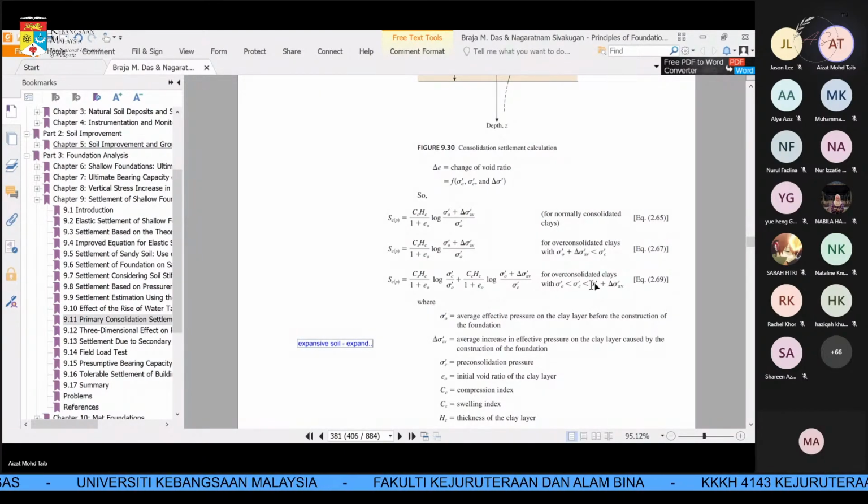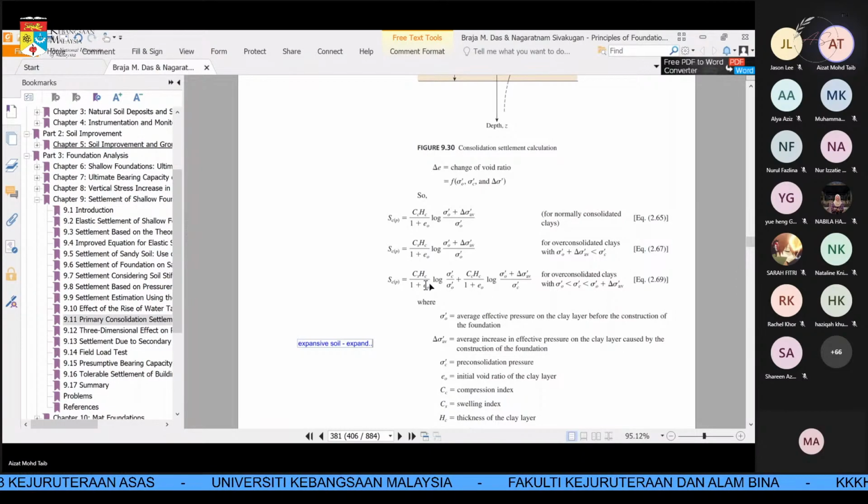Okay, so for over consolidated clay, when the pre-consolidation stress is lower than the average stress before plus the average stress caused by the construction, then you use this equation.